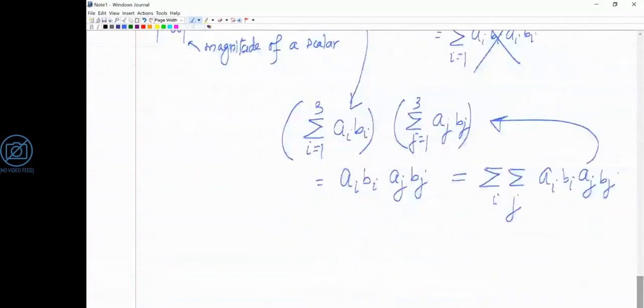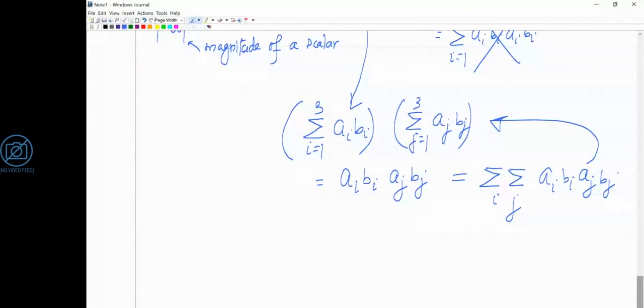Any more questions? No more questions? Okay, so this is all about summation convention, but we will do lots of examples with it, so you get used to it. And this is very important because, first of all, the advantage of having summation convention is that it compacts your notation. It compacts your expression.